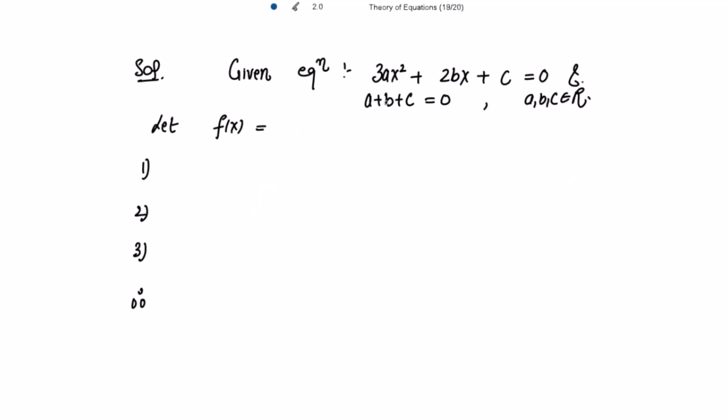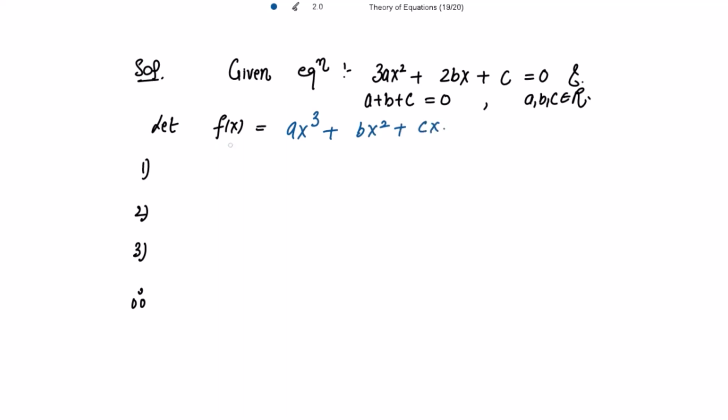Now the given equation is 3ax² plus 2bx plus c equal to 0, and the sum of the numbers, which belong to the set of real numbers, is equal to 0. If you notice, this 3ax² plus 2bx plus c is the derivative of ax cube plus bx squared plus cx.